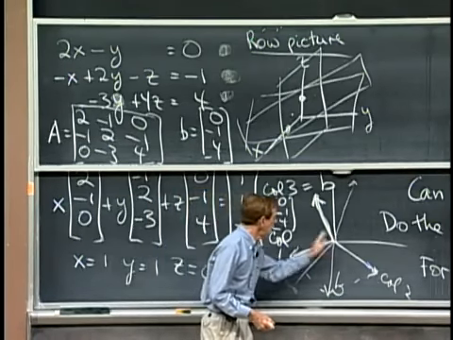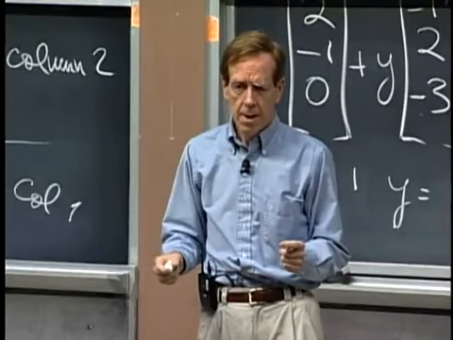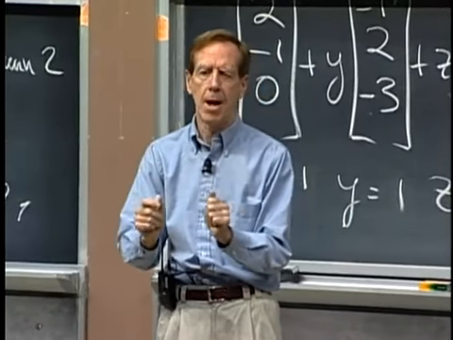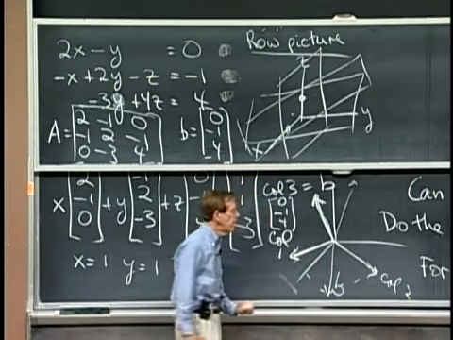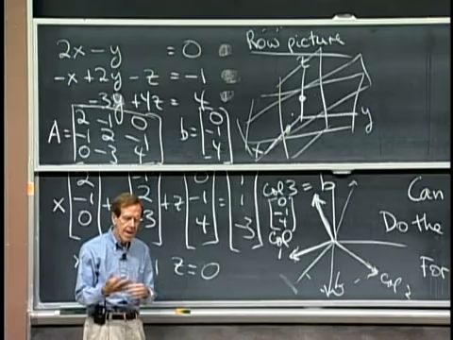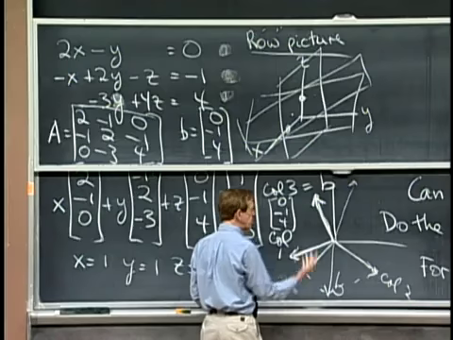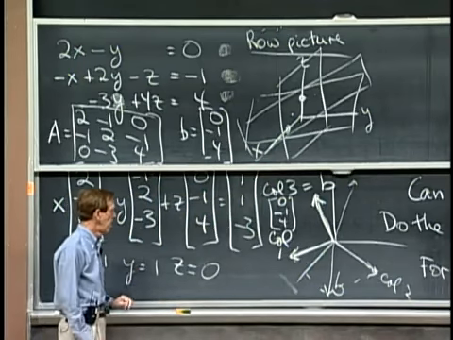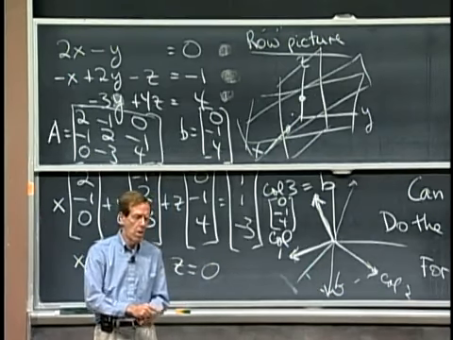If these 3 columns all lie in the same plane, then their combinations will lie in that same plane. So then we're in trouble. If those 3 vectors happen to lie in the same plane, for example, if column 3 is just the sum of column 1 and column 2, I would be in trouble. That would be a matrix A where the answer would be no.